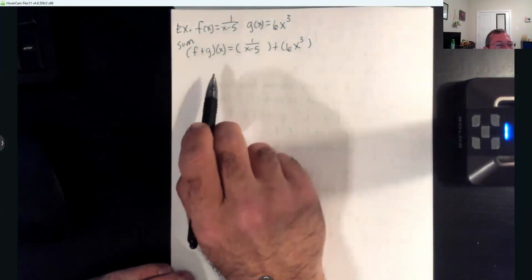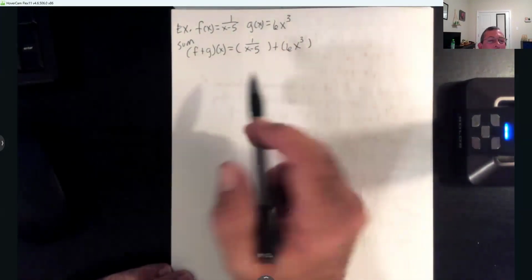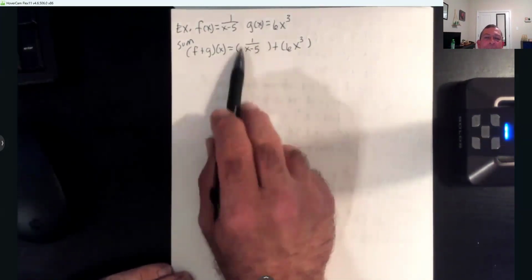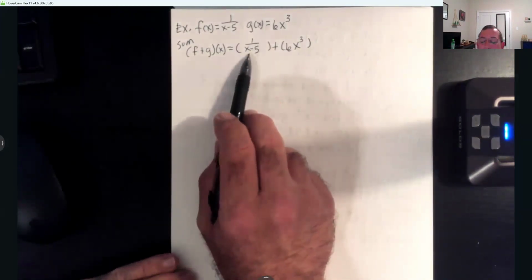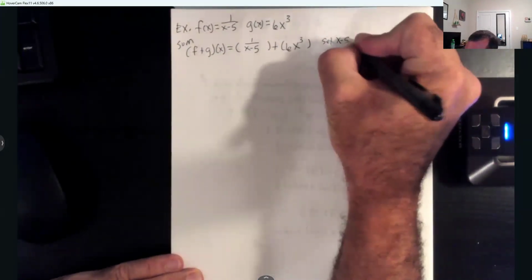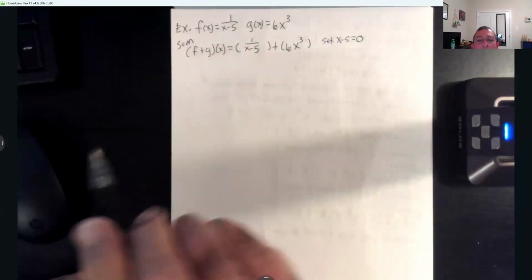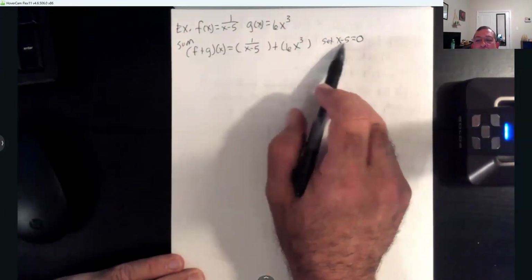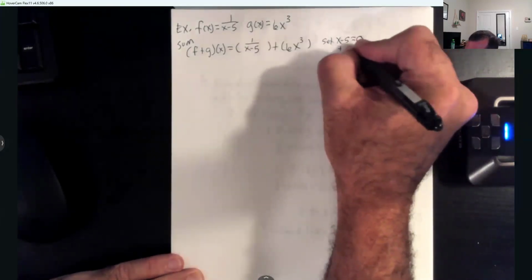So now what you got? X is a real number and x is not equal to 5. Good job. Because y'all, there is a fraction here. So remember, since there's a fraction, we would set x minus 5 equal to 0, and you would solve that for the x. So since that 5 is being subtracted, we would add 5 to both sides.